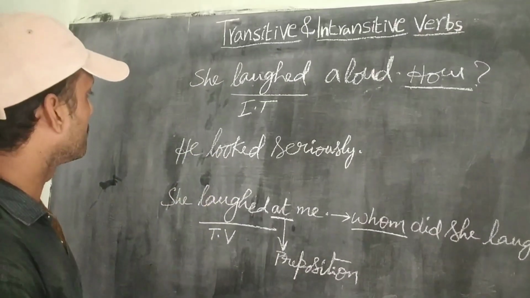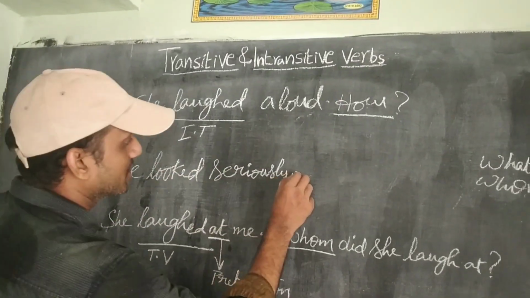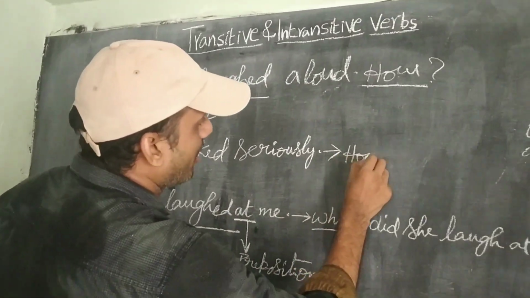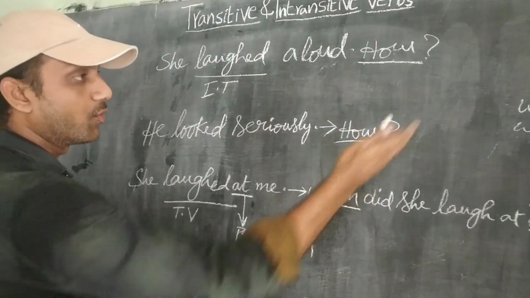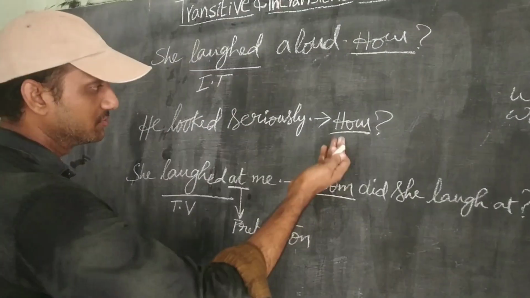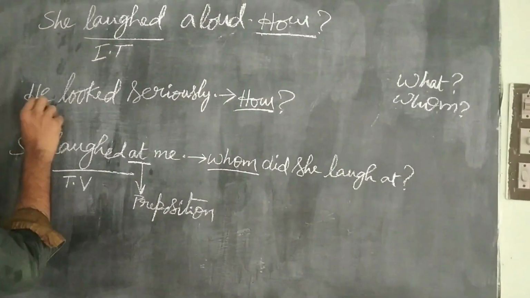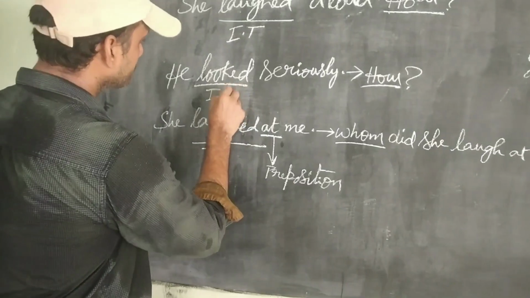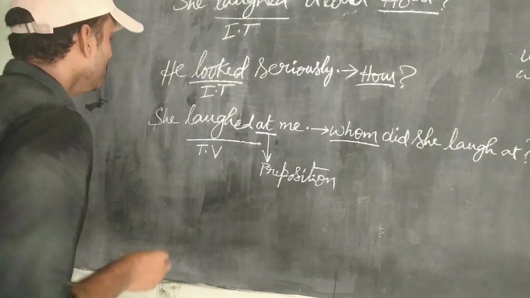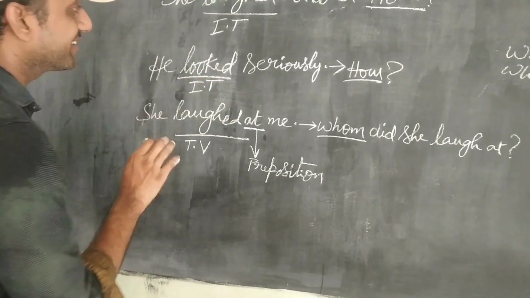Let us see another example. He looked seriously. How did he look? No chance. What or whom is not possible to frame. Now we have to write this sentence as transitive.